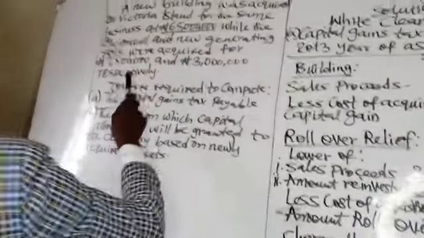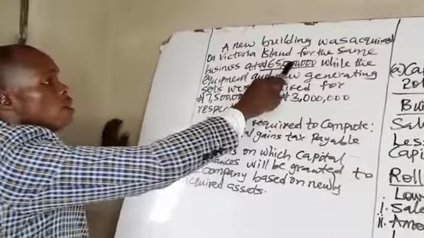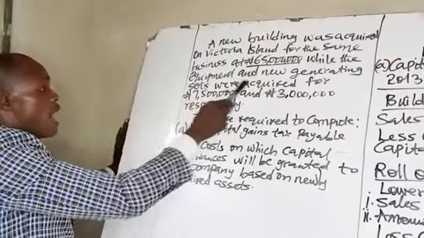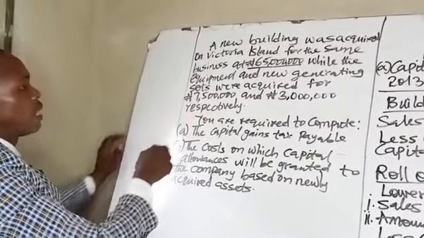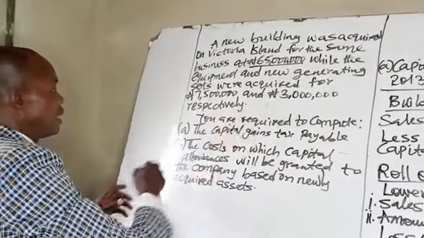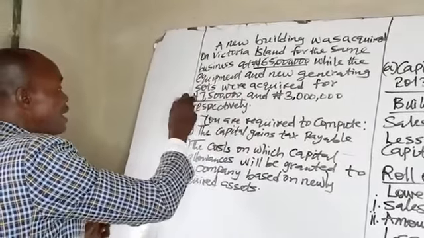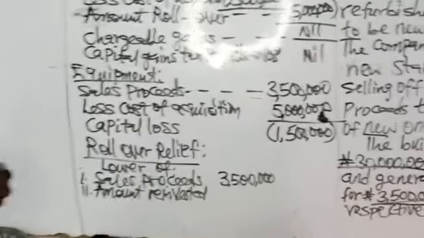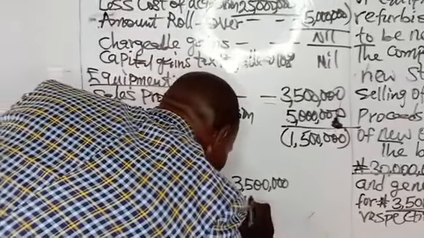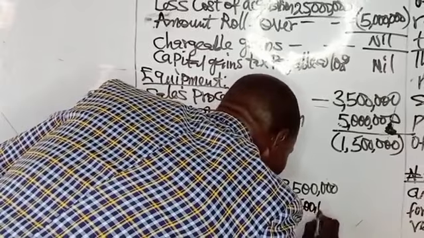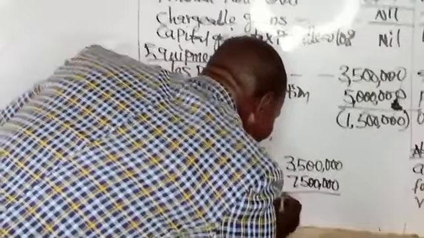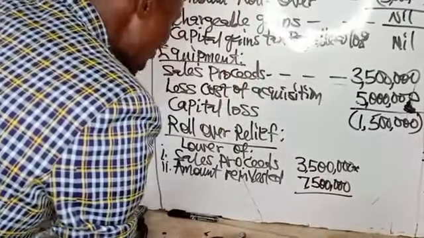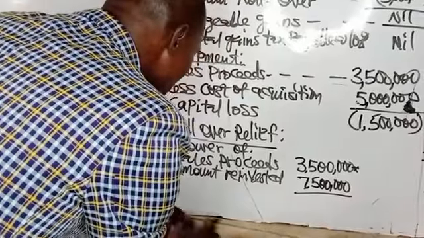So we have, the equipment and new generating sets were acquired for 7.5 million and 3 million. So the amount invested in equipment is 7.5 million. So we have 7.5 million. So in this case, the lower is 3.5 million. That means 3.5 million will be chosen.